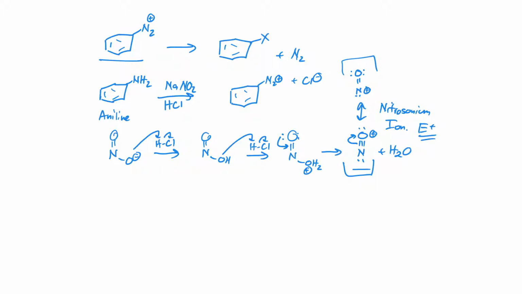All right, so I'm going to take my nitrosonium ion and react it with aniline on the next slide. So there's my nitrosonium ion, and if you remember, we are still under acidic conditions, so I still have HCl if I need it.